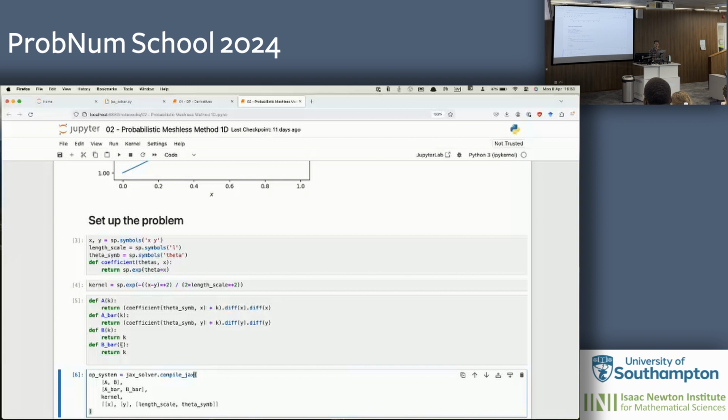For this problem, it's kind of trivial because my boundary function is just an identity function. But by changing b and b bar here, for example, to be derivatives, I could equally use Neumann boundary conditions.